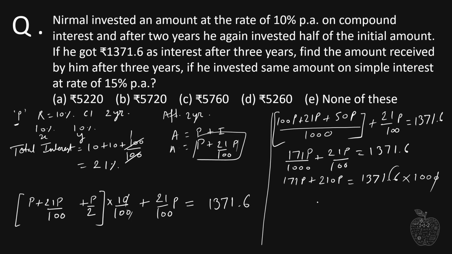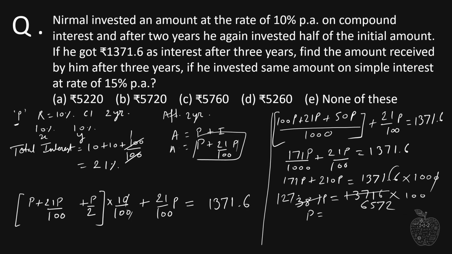So let's see what we get. 381P is equal to 1371600. I've already calculated this value. Let's simplify it a little bit. 3 1s are 3, 2s are 6, 3 7s are 21, and let's leave it like this into 100.